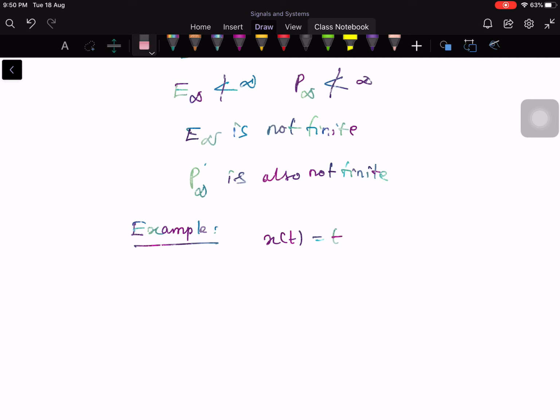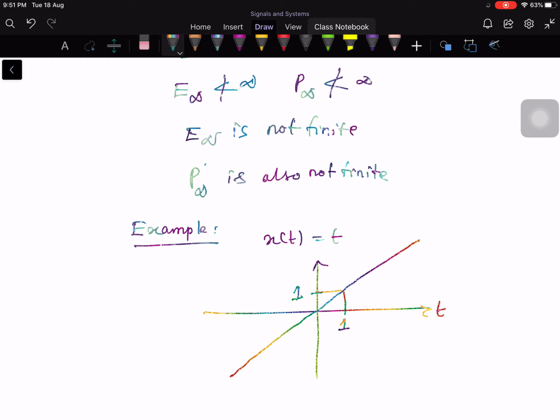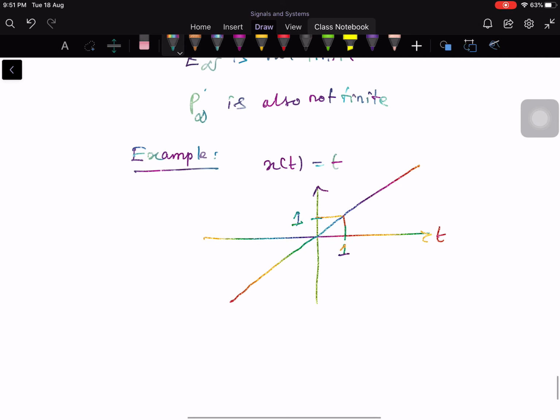Sorry. So this is x of t equal to t with the slope, let's say, 1. So this signal is neither an energy signal nor a power signal. It's simple, you can prove it.